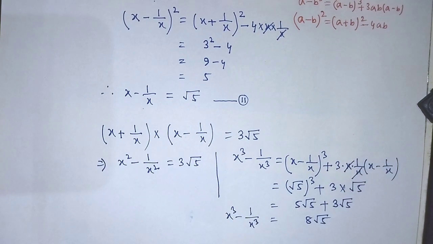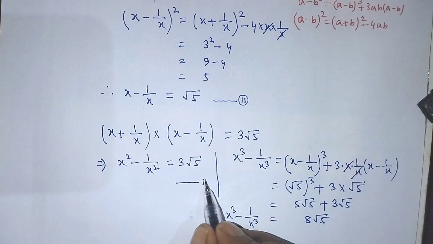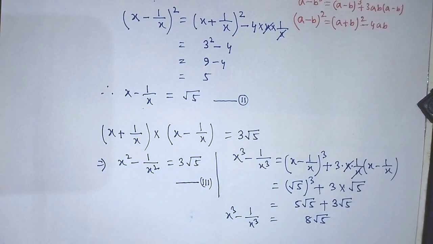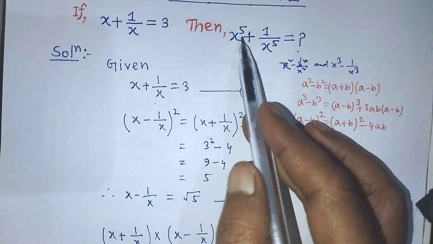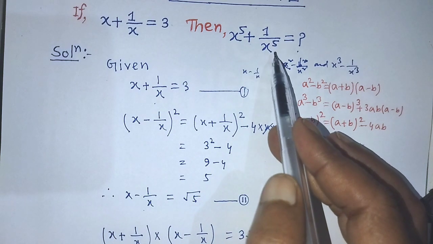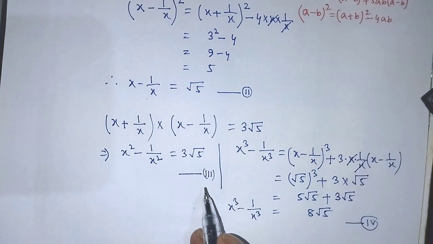So student, this is equation number 3 and this is equation number 4. To find the value of x to the power 5 plus 1 over x to the power 5, we have to multiply equation 3 and 4.